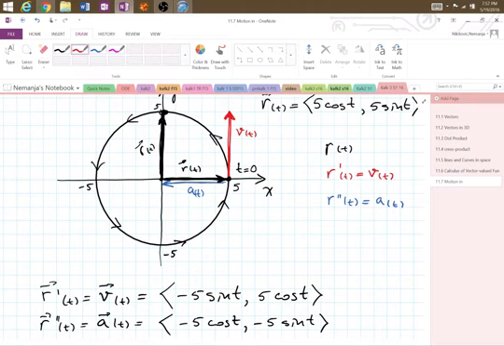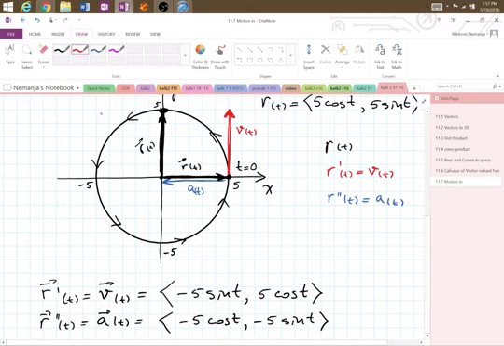The velocity vector computed at pi over 2 is going to give us negative 5, 0, which is here. And then acceleration, similarly as before, it's going to go this way. And we will have this repeat itself for every case.